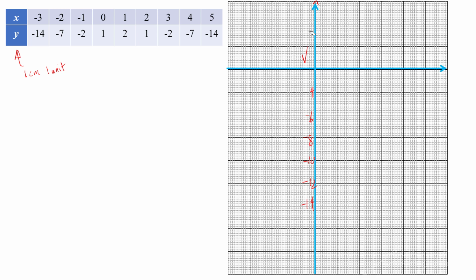So let me just erase and write in the labels. So this one is y, this one is x. Remember, 1, 2, 3, -3, -2, -1, 0, 1, 2, 3, 4, 5.